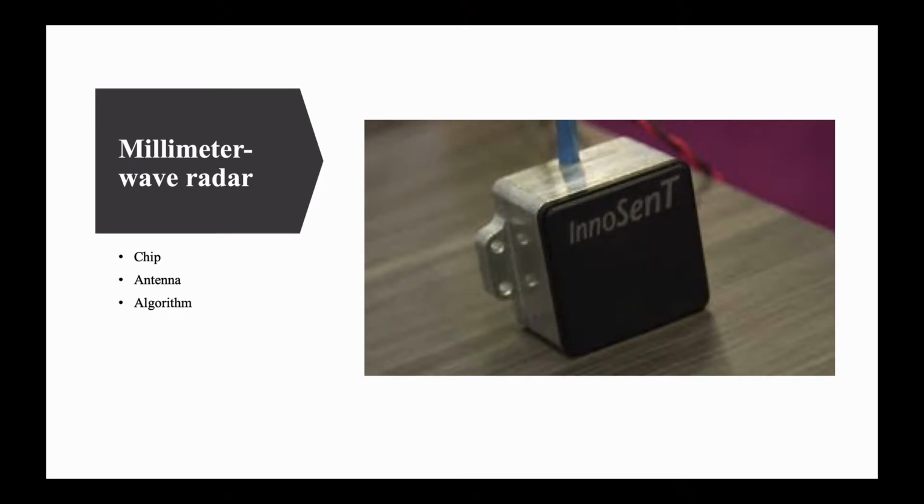Millimeter wave radar is mainly used to detect traffic vehicles and pedestrians. It has the characteristics of fast and accurate detection speed and strong penetrating ability. It works in all weather and all day. Millimeter wave radar consists of a chip, antenna, and algorithm. The radar emits a beam of electromagnetic wave and calculates the distance and speed by observing the difference between the echo and incident wave.